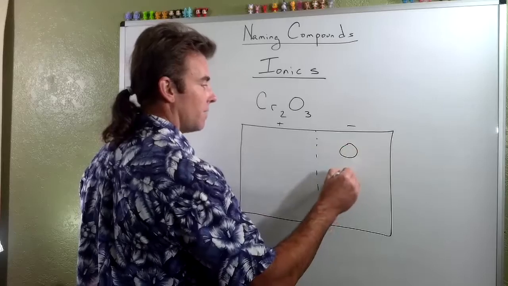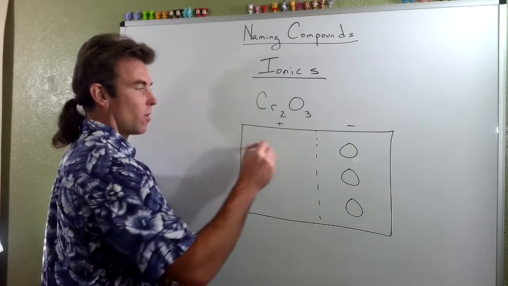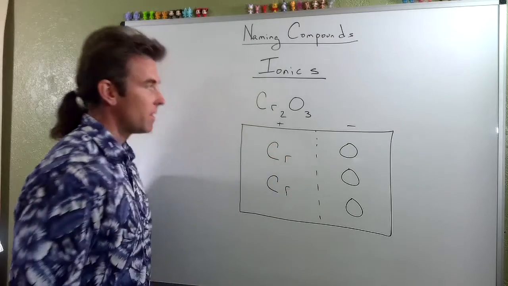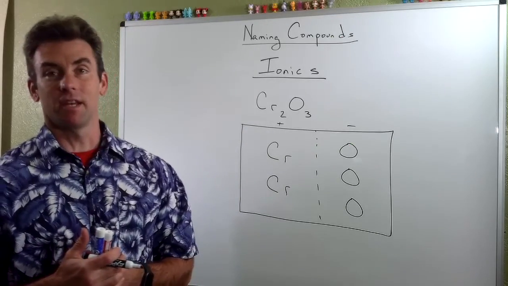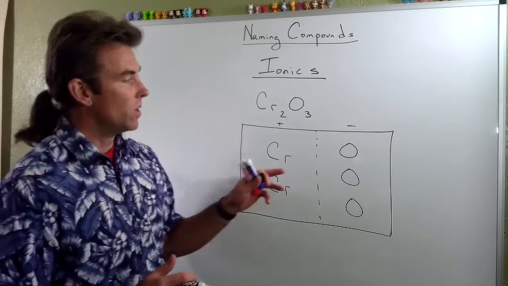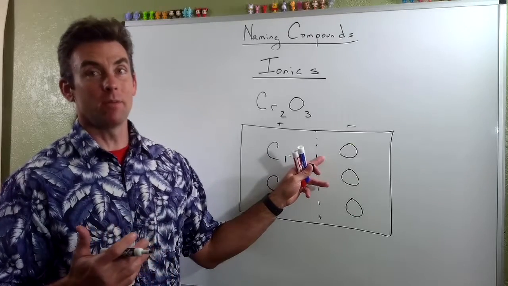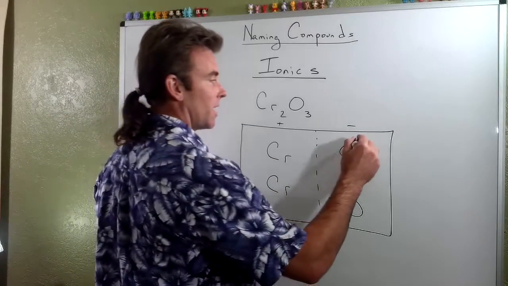There's 3 of them. Over here, we've got 2 chromiums now. Okay, and because we're in ionic land, we want to look up the charge and make sure everything is doing okay. We look up, let's say, oxygen first. Right? We look and say, oh, on the periodic table, it's almost always going to be a 2-. So we'll add that in.